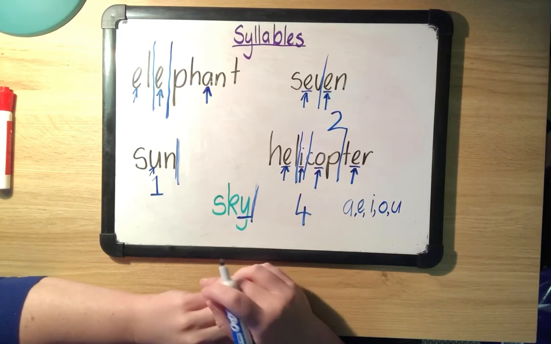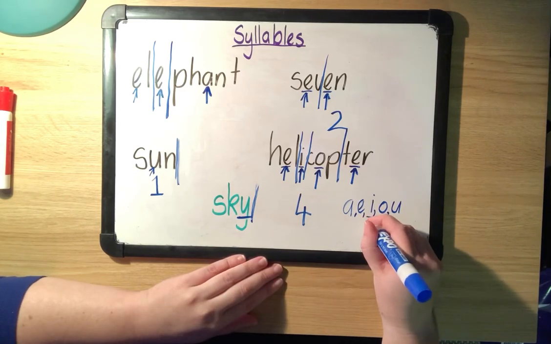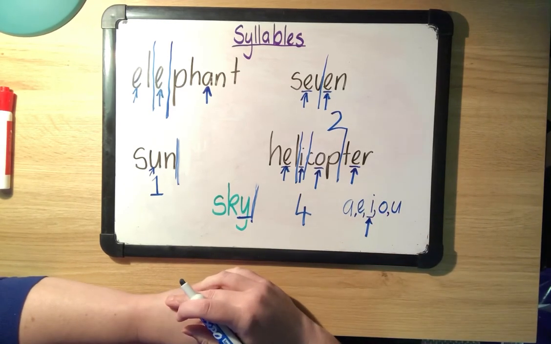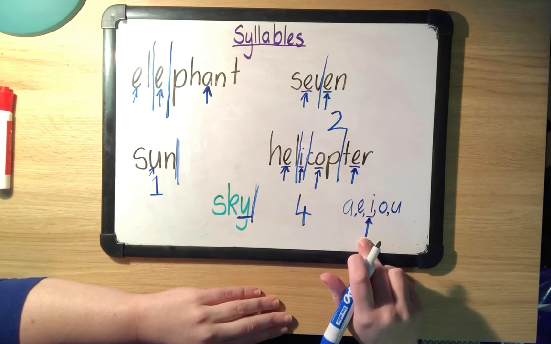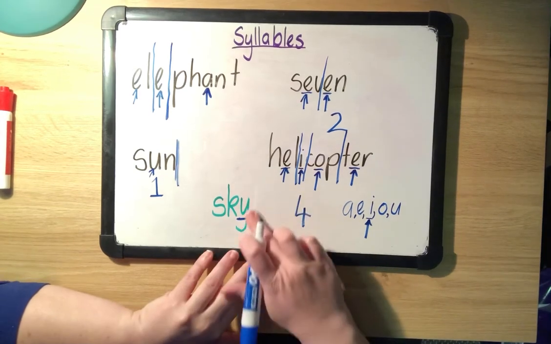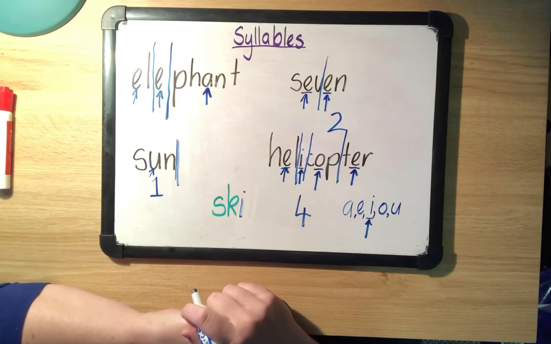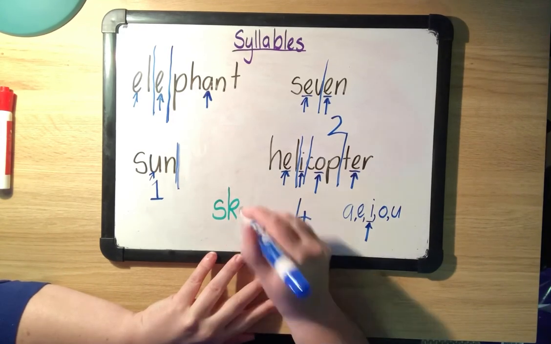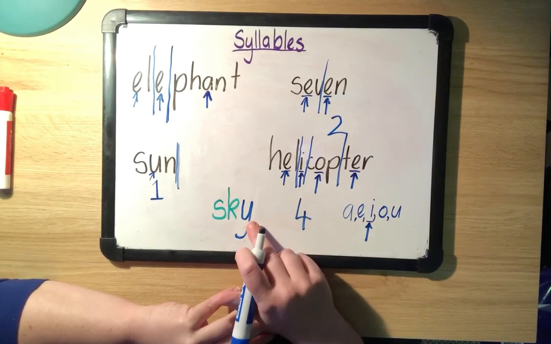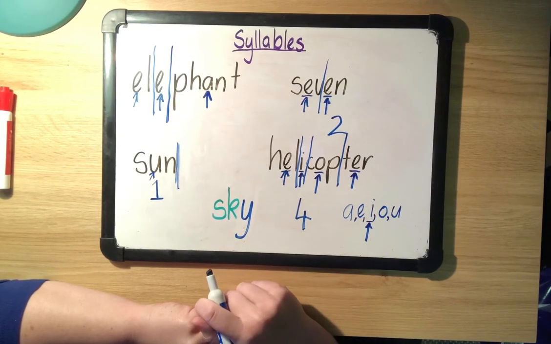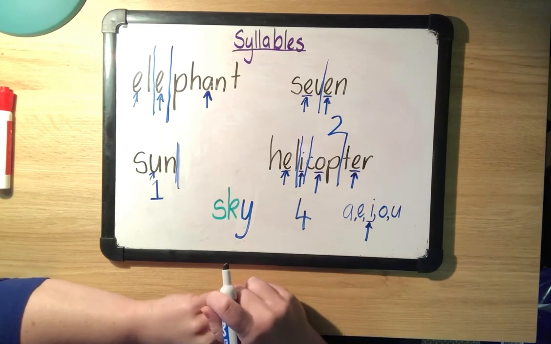It is making a vowel sound. It is making the sound I. So it is doing the job of the I. If I spelt that word with an I, it would actually say ski. So this is an example of when we have a consonant doing a vowel's job. So when we talk about a vowel sound, this is an example of one.